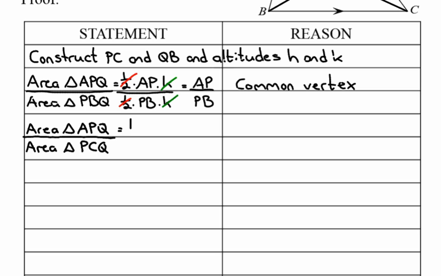Again, let's look at our formula. Half times my base, which is AQ, times my altitude, which is H, divided by half times my base, which is QC, multiplied by my altitude, which is H. Again, my halves cancel. Now my H's cancel, and I'm left with AQ over QC because they share the same altitude, which comes from a common vertex.